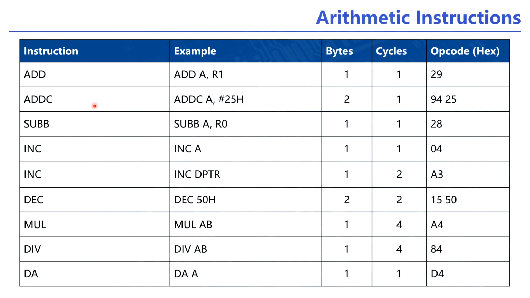If we want to add two numbers but also provide the carry, we can use the instruction ADDC A comma #25H. After this addition, the carry 1 is generated. This instruction is a 2 byte instruction and will be executed in one machine cycle.